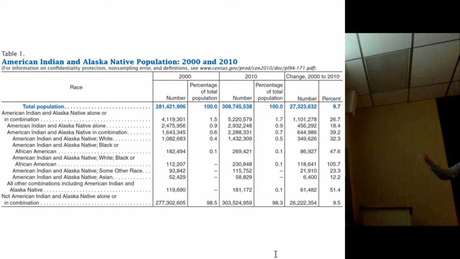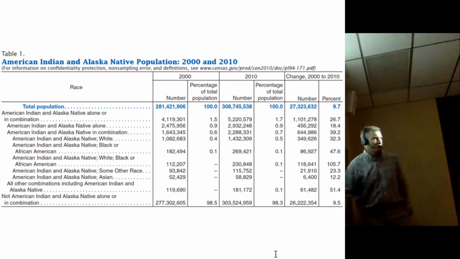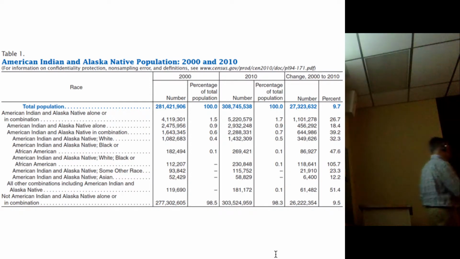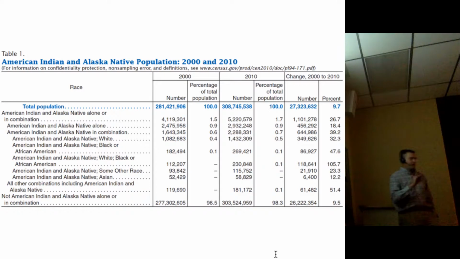Let's see, what else can we see? That's just the general population. Now the percentage of the total population, 1.5. So what can we say about the American Indian population between 2000 and 2010? Is the population of American Indians increasing?